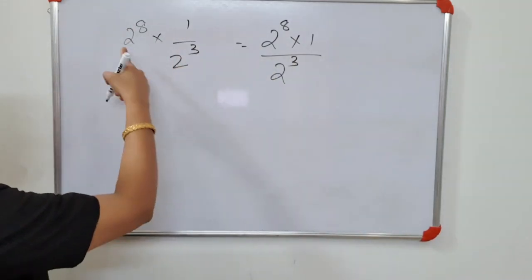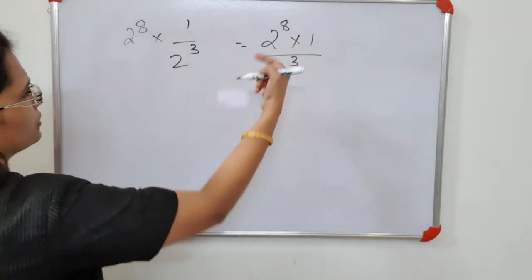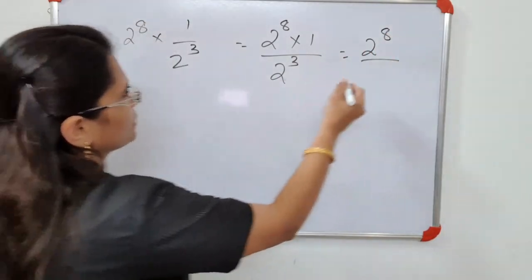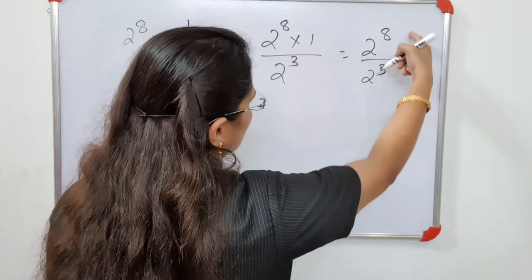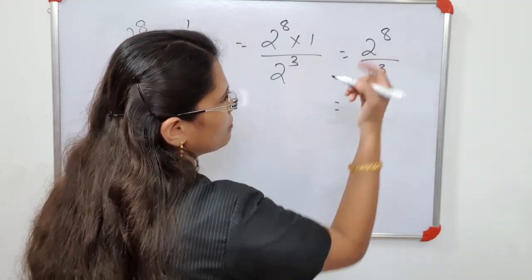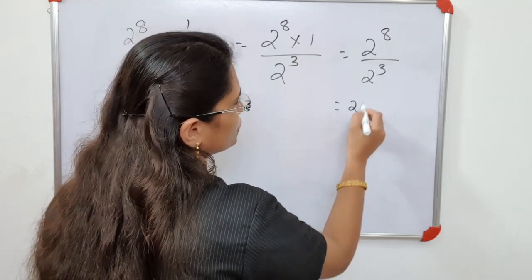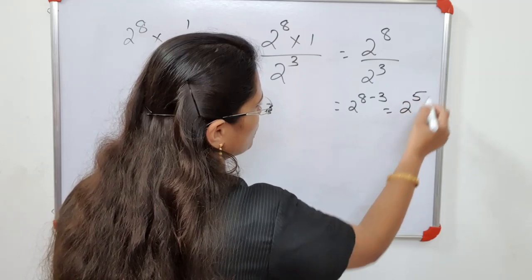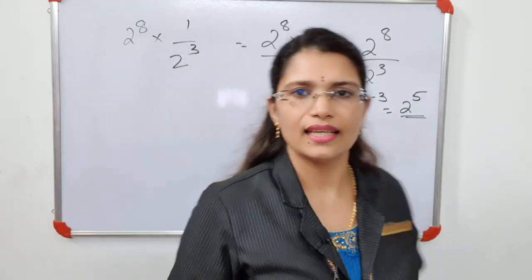Into a fraction means 2 raised to 8 into 1 is equal to 2 raised to 8 divided by 2 cube. x raised to m divided by x raised to n is equal to x raised to m minus n, that is 2 raised to 8 minus 3 is equal to 2 raised to 5. This is the answer. Okay.